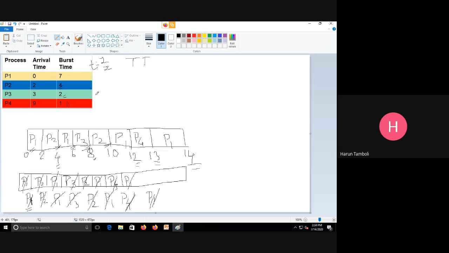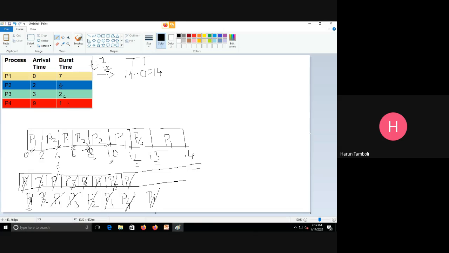turnaround time. Turnaround time for each one. So calculate turnaround time for P1. P1 completed at 14. Any doubt? P1 is completely executed after 14, so 14 minus 0, which is 14.